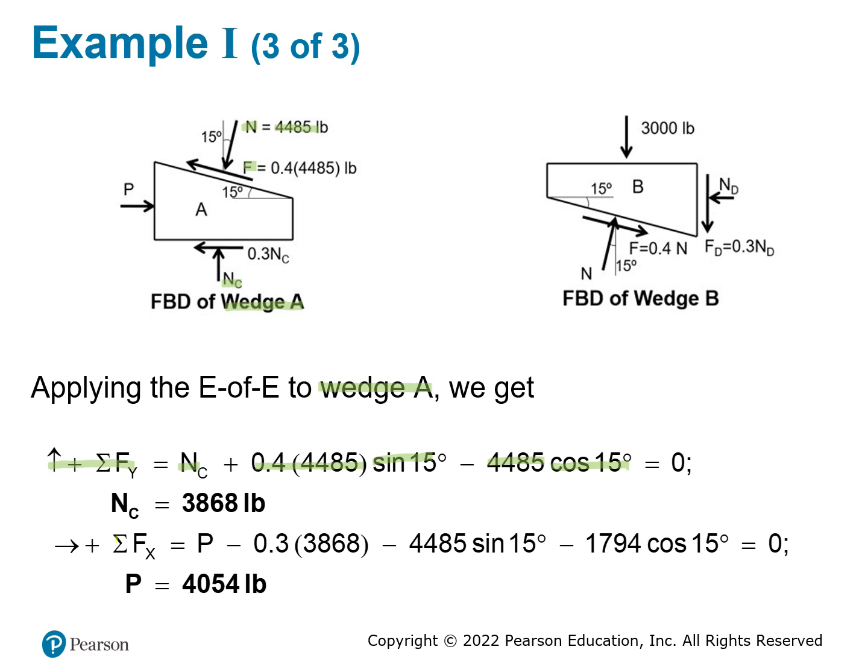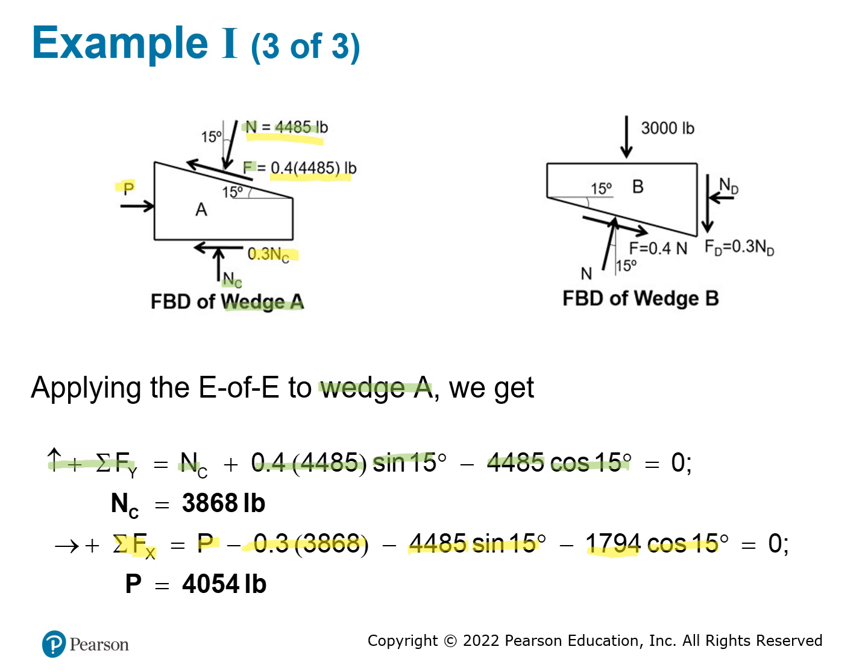For the x direction, you have p, you have this 0.3 mc, you have component from here, you have component from here, you have four items here. So p right here goes to the right. The 0.3 NC, we solved NC in the previous one, and this 4485 is the normal force on the top, and you're gonna have a sine 15 degree, and this one is the friction force times the cosine 15 degree, and then we can solve the problem.